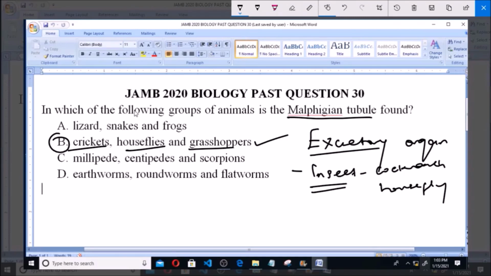Lizards, snakes, and frogs have kidney as their excretory organ. Flatworm has what we call flame cell, while earthworm has nephridia as its excretory organ. So the answer to this question is option B. The group of insects are those that use Malpighian tubule as their excretory organ.